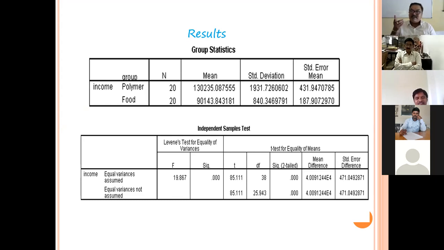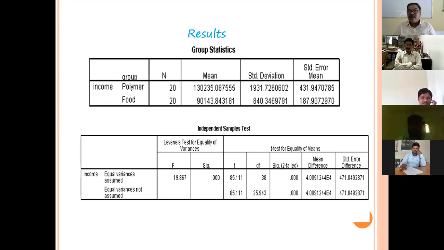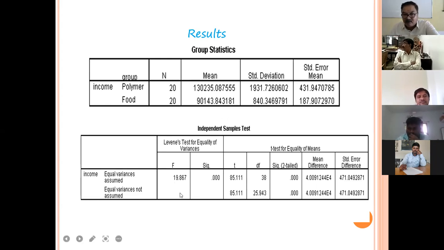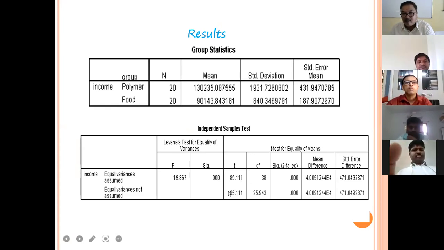Less variance, more consistency. Therefore, testing of variance is very, very important when we are comparing two groups. Even based on the variances, we can say the two groups are different. If you are moving to the t value, again even in the case of their average income, the t test value is very high and significant, less than 0.05.